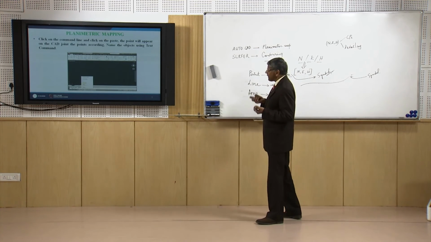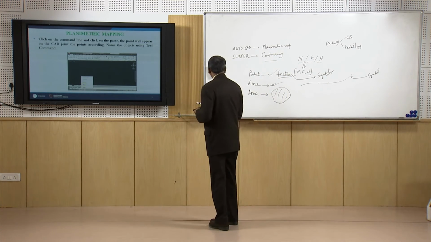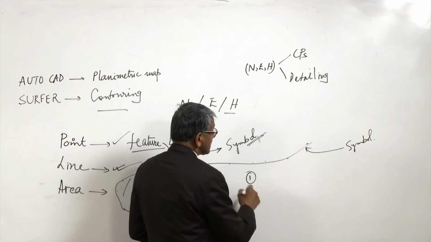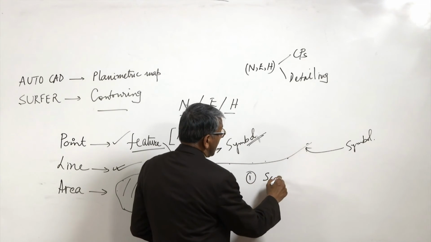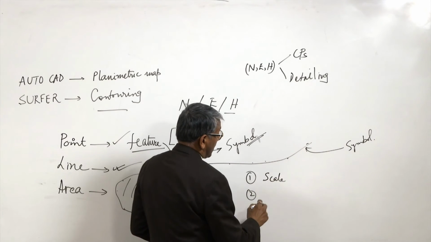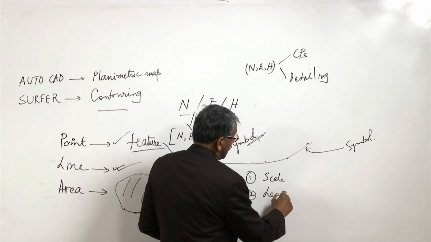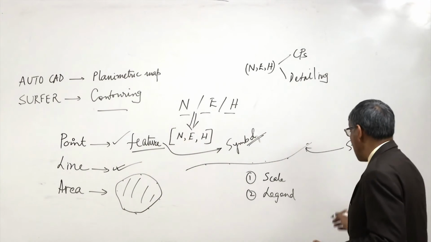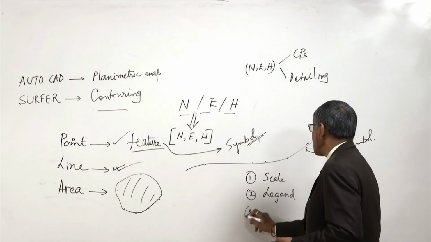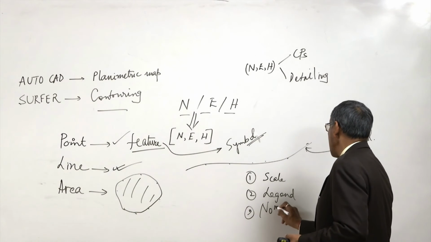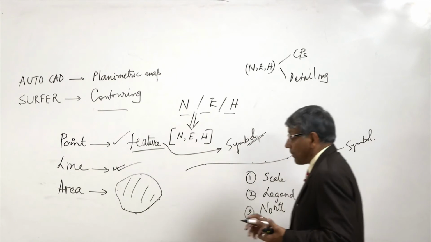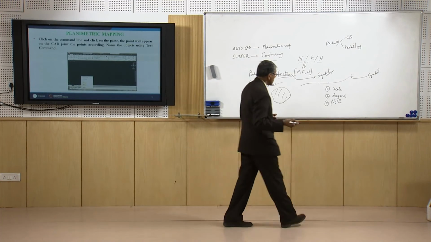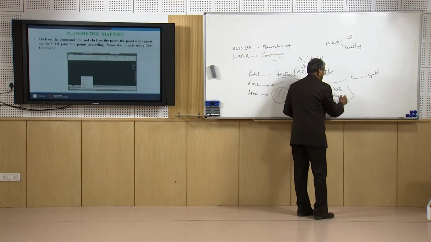After preparing the planimetric map, we also have to add other cartographic elements like scale, legend, and north direction. That can be done once the planimetric mapping has been done, or we can also do it after the topographic map has been prepared.